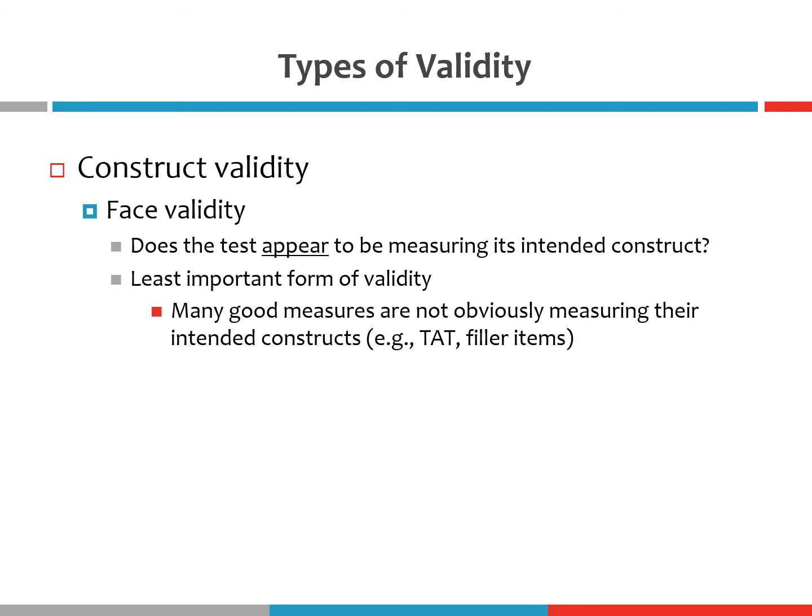So for example, with the TAT, or the Thematic Apperception Test, what we're looking at in this case is signs of bias, often racial bias. But when respondents are taking the test, that's not immediately obvious to them, okay?